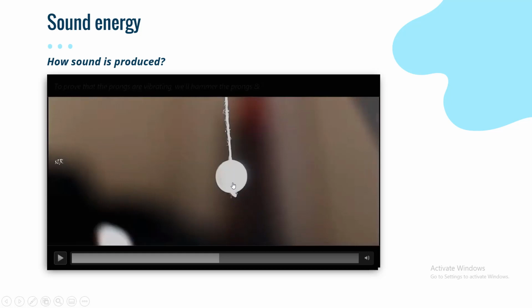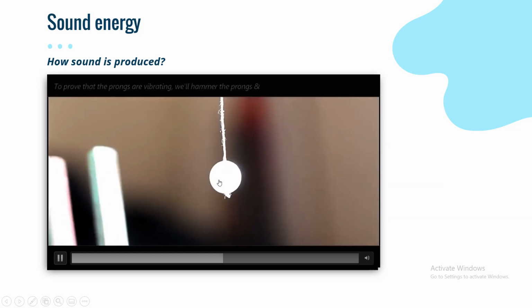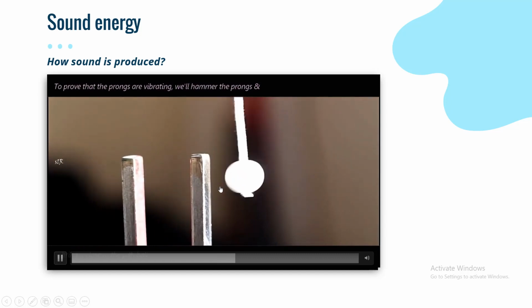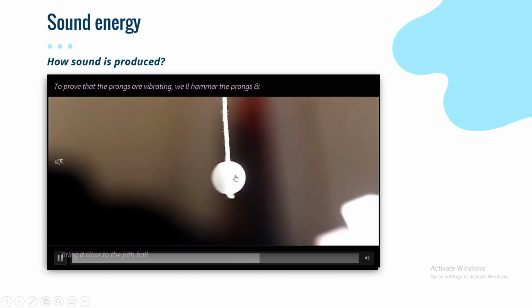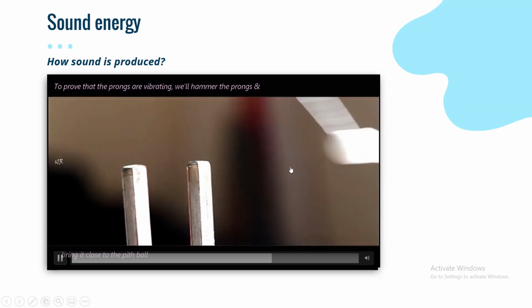How can we prove that the tuning fork is vibrating? If we put this light plastic ball beside the tuning fork, it should move. Why should it move? Because the tuning fork is vibrating, and that will be the proof of the vibrating of the tuning fork and of creating the sound that we heard right now. So we hit the tuning fork and put it beside this light plastic ball, and we see that the light ball is moving.